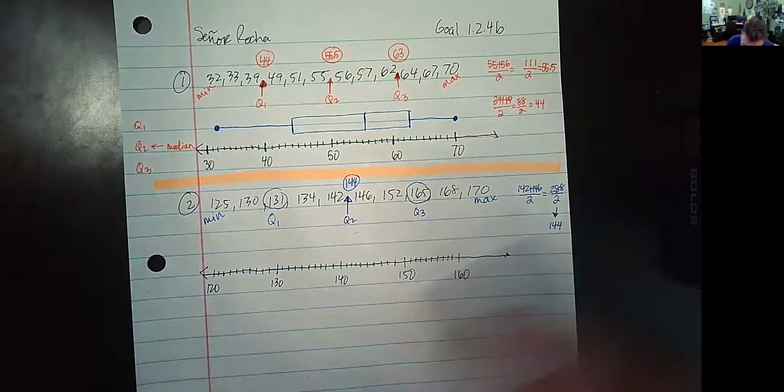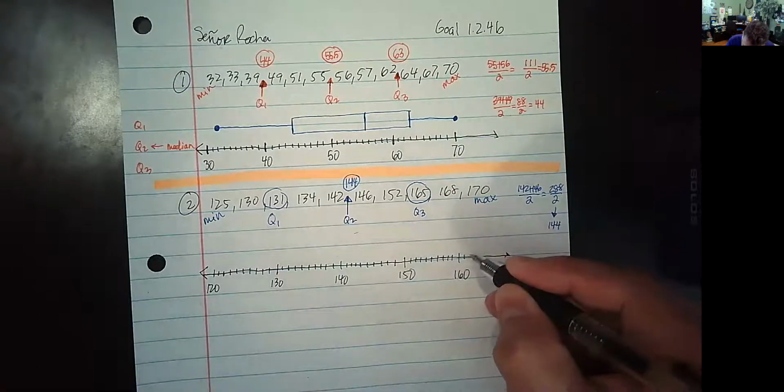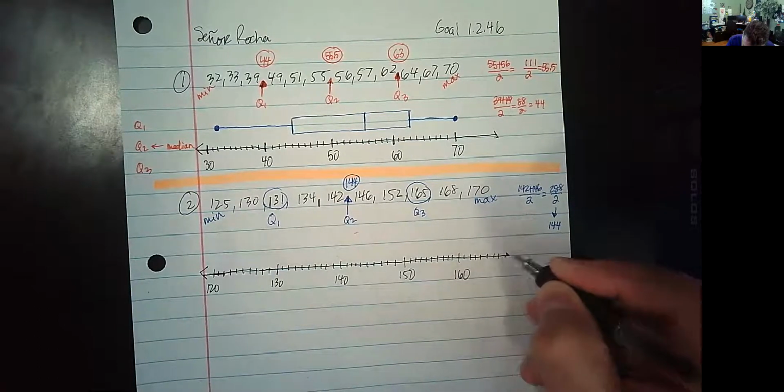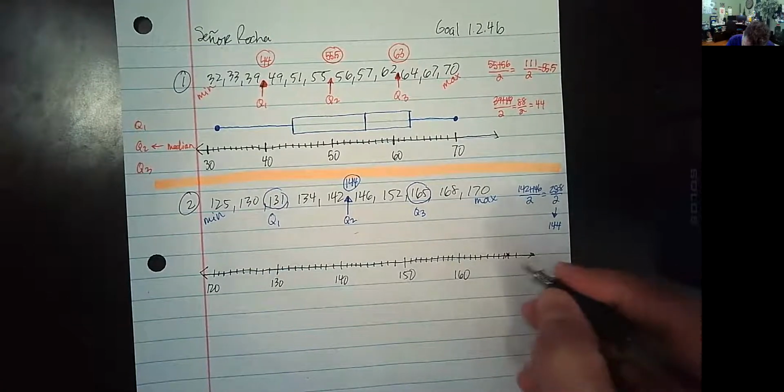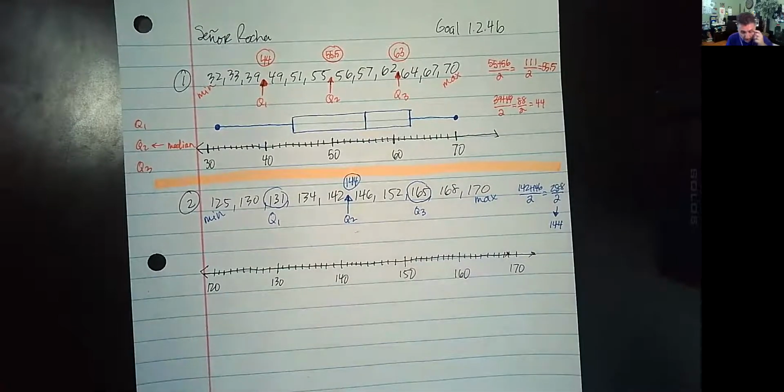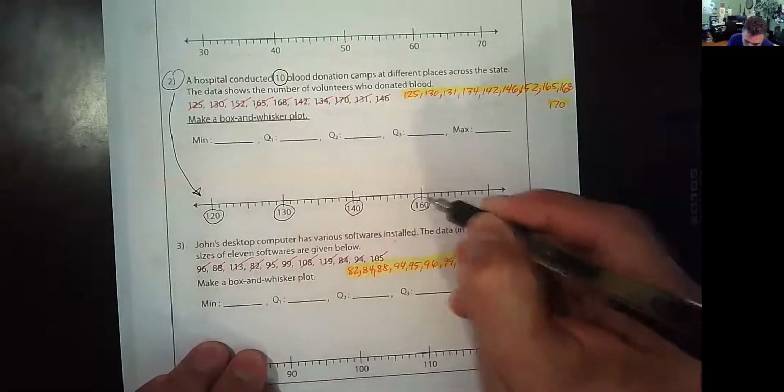Oh, that paper's wrong. 1, 2, 3, 4, 5, 6, 7, 8, 9. There you go, 170. I was confused because I was looking at the assignment paper. Be careful, because that paper goes 120, 130, 140, 160.